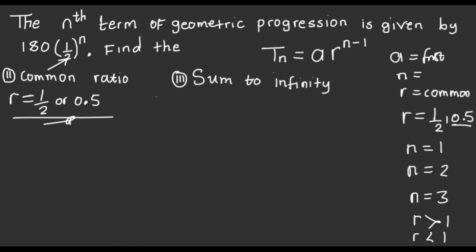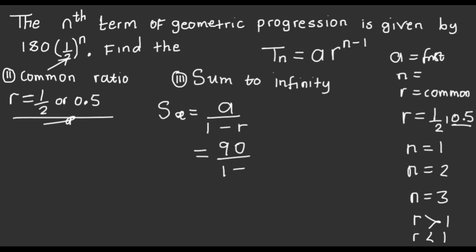When the common ratio is less than 1, the formula that you are supposed to use for sum to infinity is this one. You say S infinity is equal to the first term divided by 1 minus the common ratio. So the first term, remember we said, is 90.